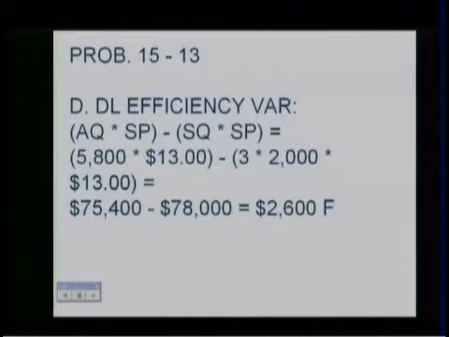So our difference there is a $2,600 favorable variance. So they were better. They were more efficient. This is a quantity variance. They were better at doing their job. So perhaps we had to pay more to get more skilled labor. So that may be why our price was unfavorable, but our efficiency or quantity was favorable. We had to pay more, but they did a better job. So that's kind of the way you look at the analysis.